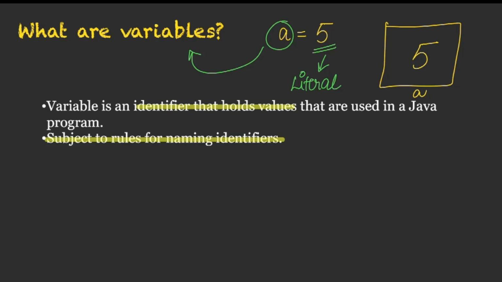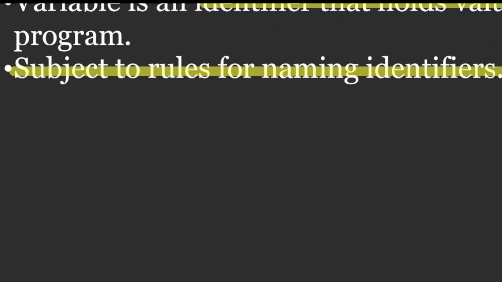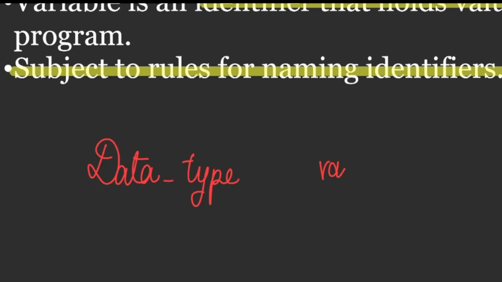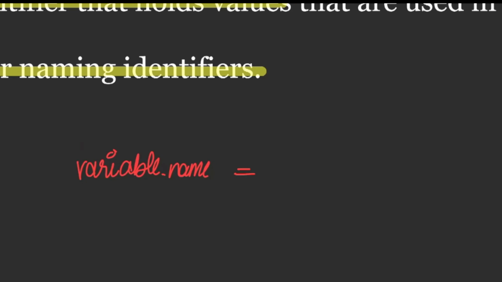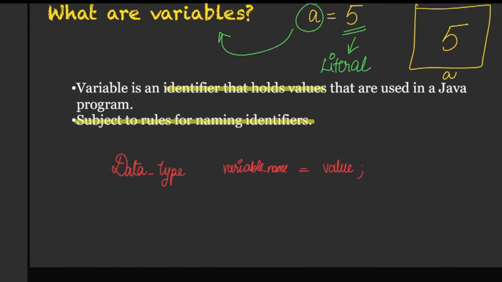Now, let's learn the format for how to declare and initialize a variable. It's like this: data type, variable name equals value, semicolon.